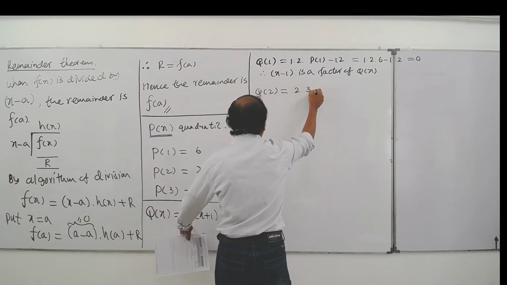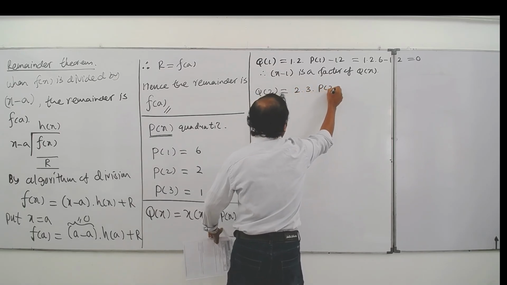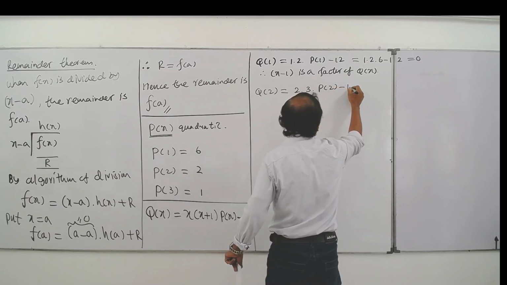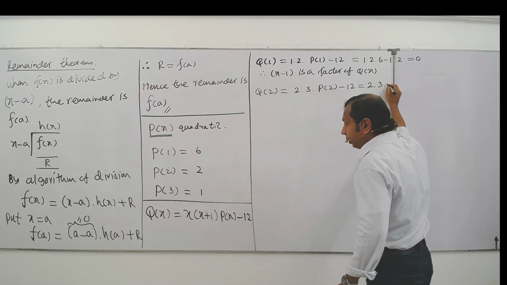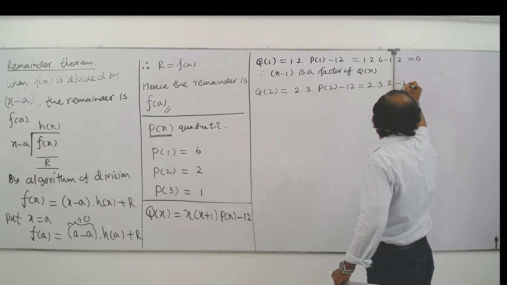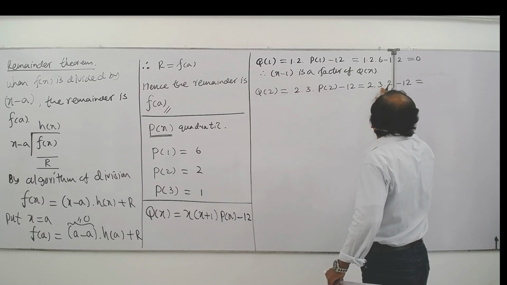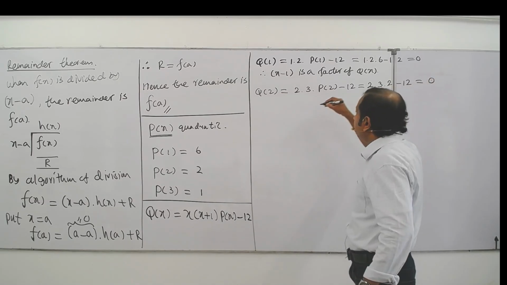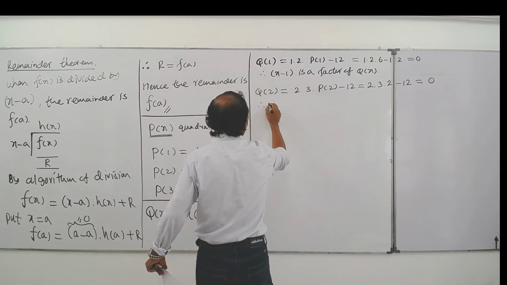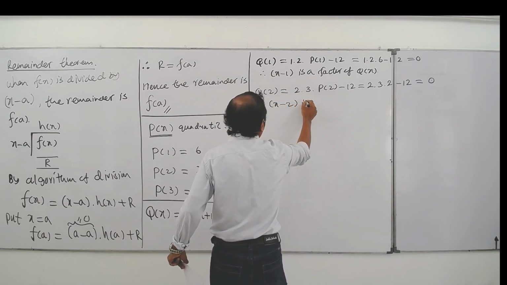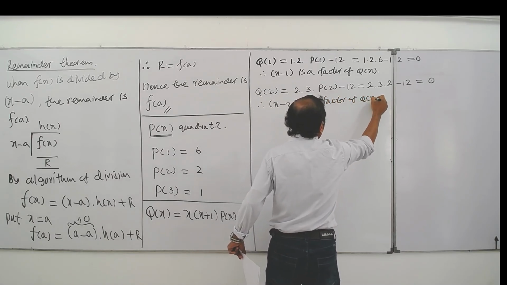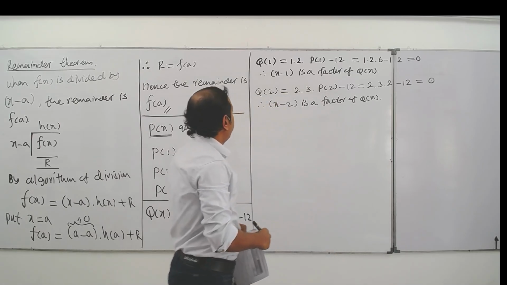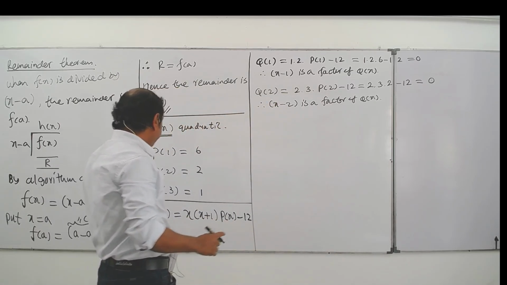Put x equals 2, we get q(2), which is 2 into 3 into p(2) minus 12. P(2) is 2, so 12 minus 12 is 0. Then we can write, therefore x minus 2 is a factor of q(x). Third one, we put x equals 3 here.